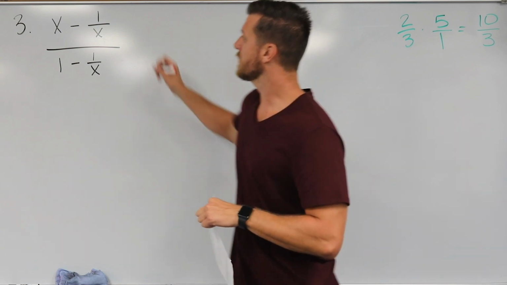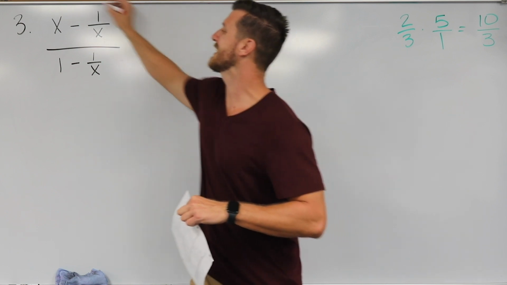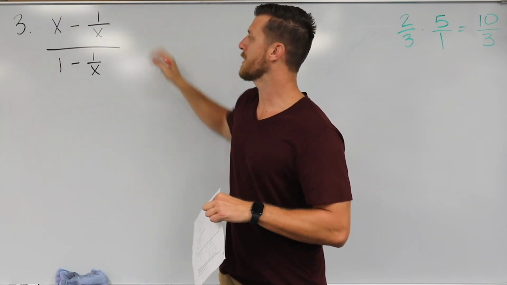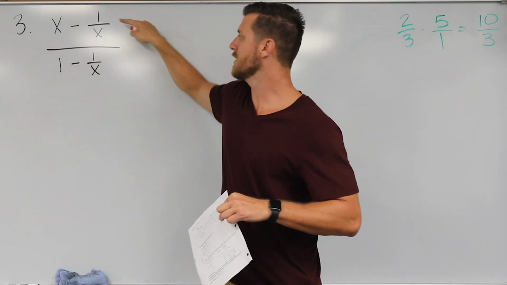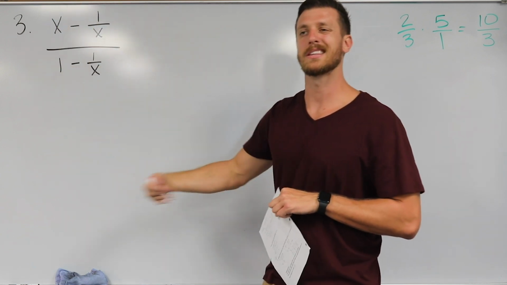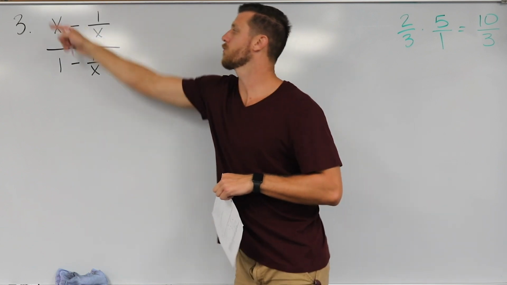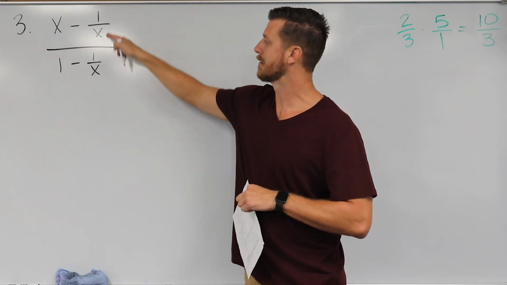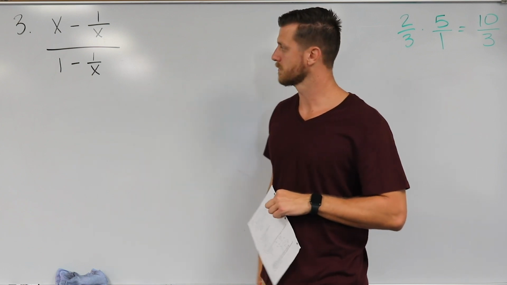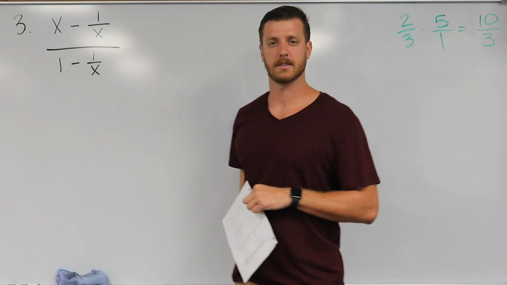All right? So instead of looking at this and this, I'm going to look at the entire thing. I'm not going to look at this part separately than that part. The whole entire thing. Look at the denominators, x and x. What's the least common denominator that you look at here in the numerator and the denominator? X. So how can I knock out that x?